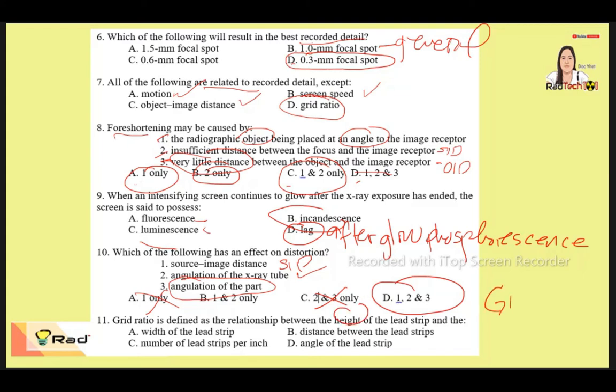So, diba, yung grid ratio natin is the height of the lead strips divided by the distance. So, ito yung distance between the lead strips or between the interspace material. So, this is the correct answer. So, letter B.